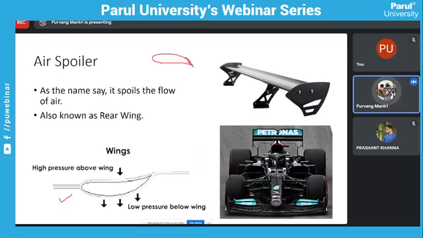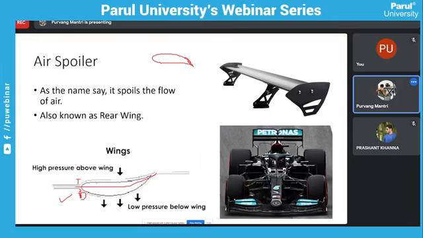So what it does is it plays with the velocity of the air moving over it. Air has a tendency to change its velocity based on the length of the surface it is flowing on. If we see the surface here, let's cut this wing in half. This is the top section, and this is the bottom section.